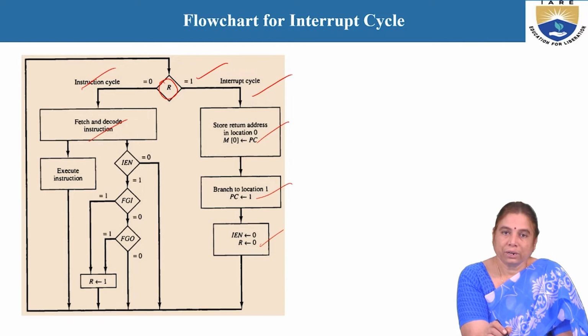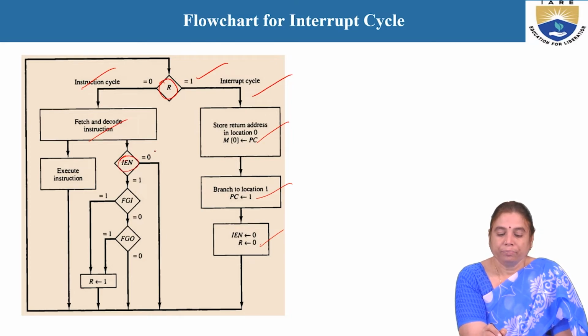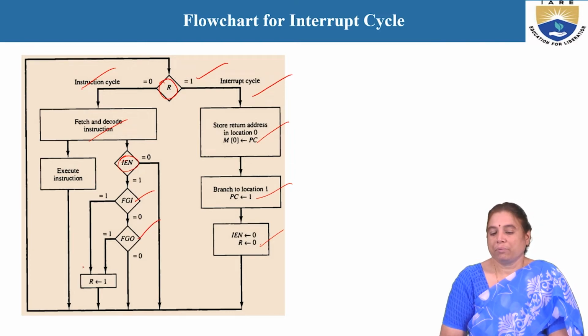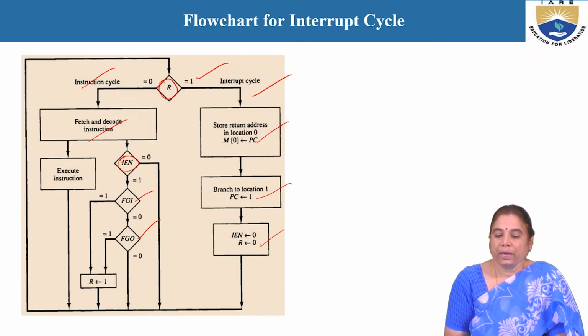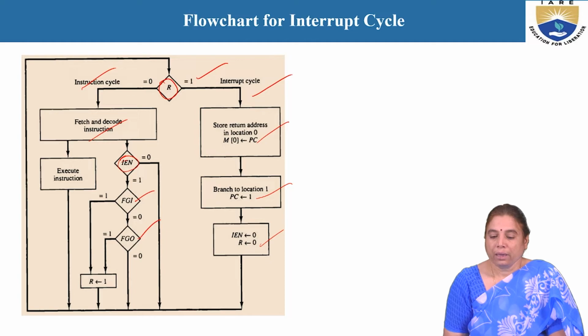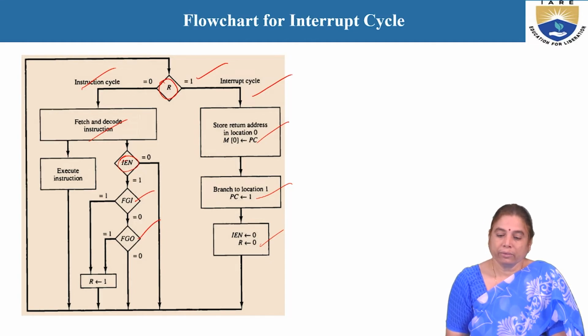If that instruction pertains to an input-output instruction, then IEN is checked. If IEN is enabled, interrupt-initiated I/O takes place, which can be either input or output, decided with the help of FGI and FGO. After that, the execution of the instruction is performed. In this way, the interrupt cycle can be executed and the interrupt can be serviced.